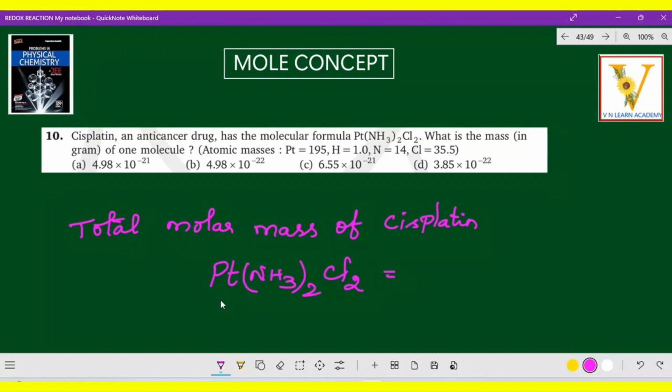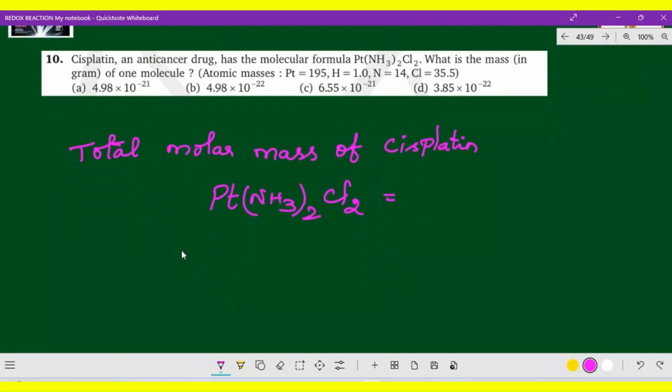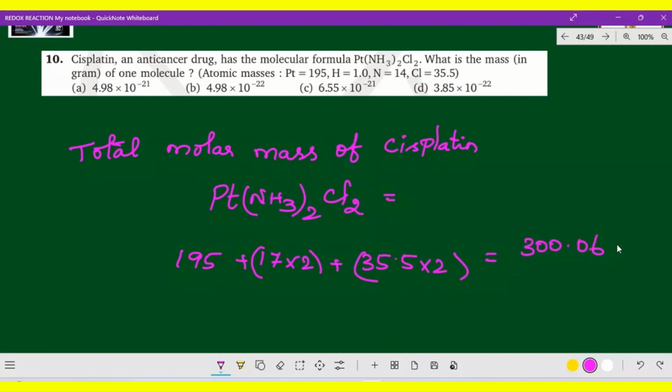So this is 195 plus, for ammonia, 17 into 2, plus 35.5 into 2 for Cl2. So altogether, you will get around 300.06 gram per mole.